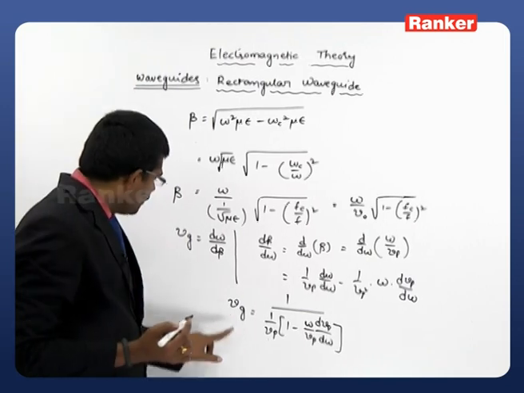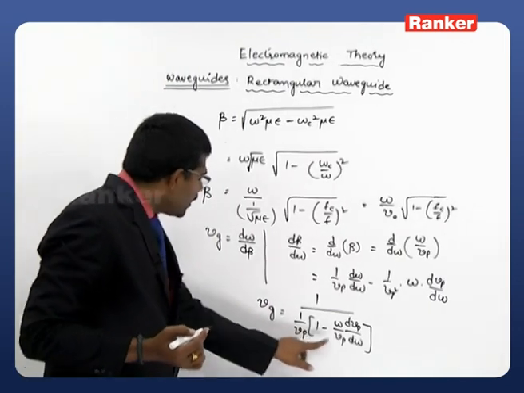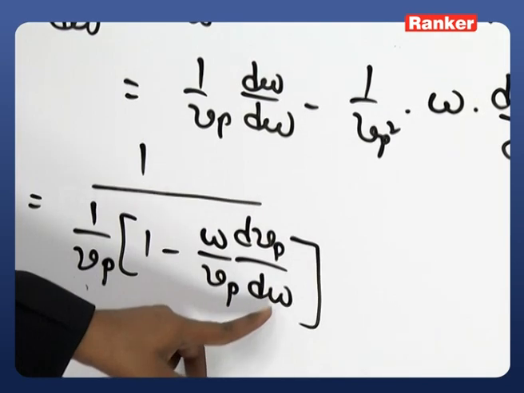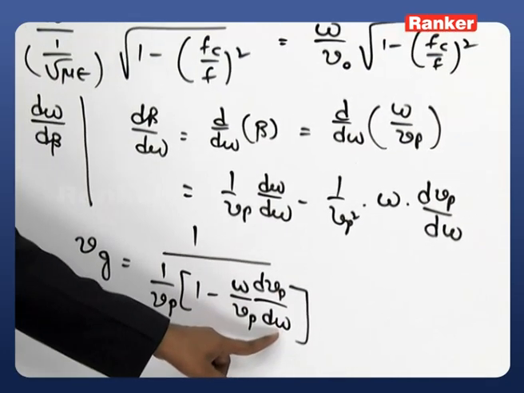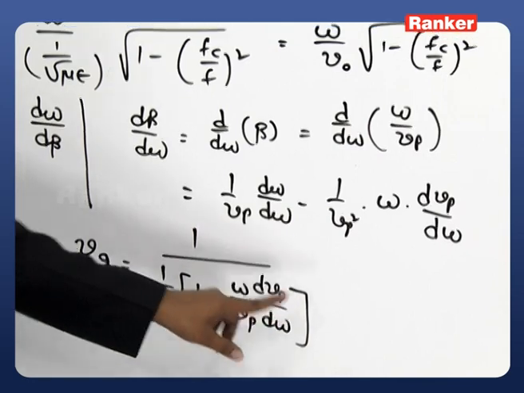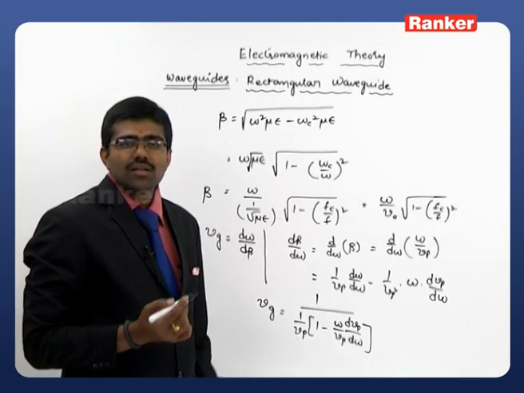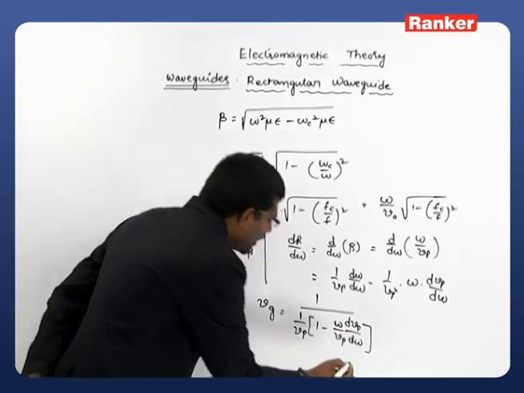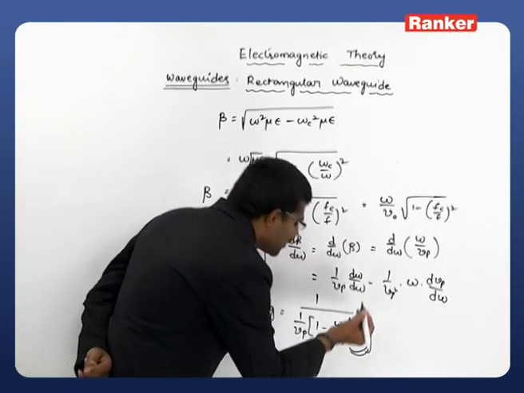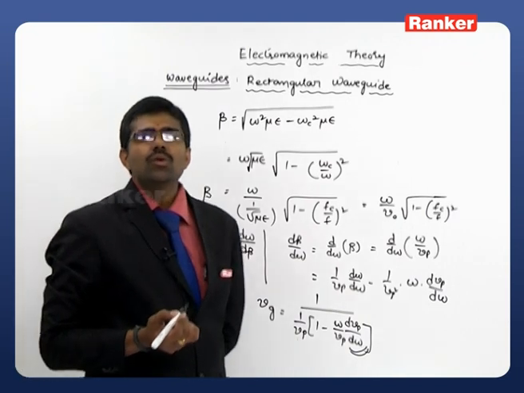Now examine this. The group velocity depends on the variation of the phase velocity with the frequency. How the phase velocity varies with the frequency clearly describes how the group of waves is traveling. Purely depending upon this particular term, the dispersion will vary.